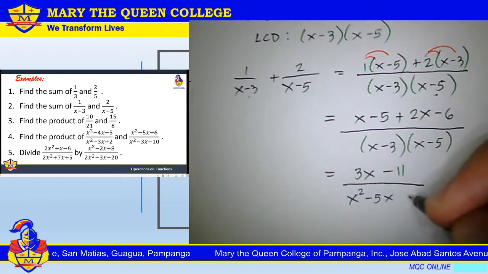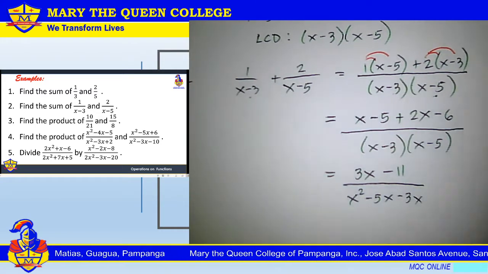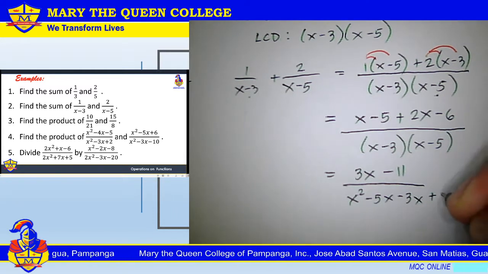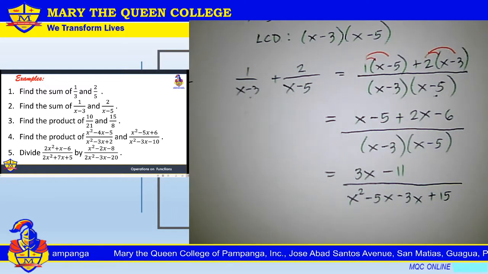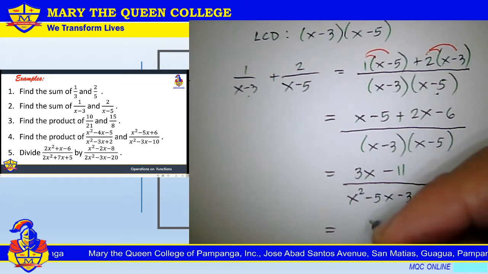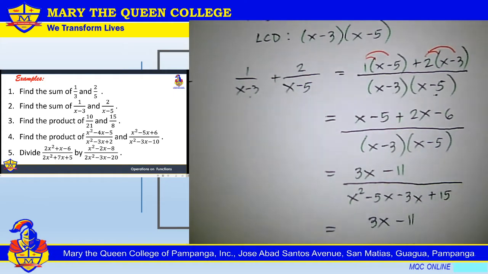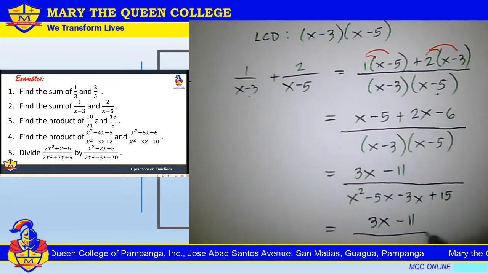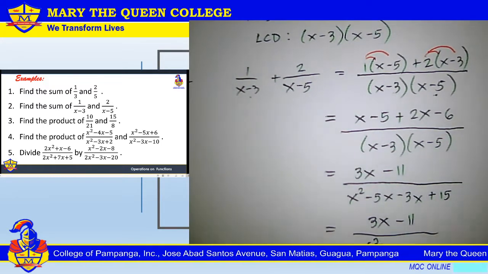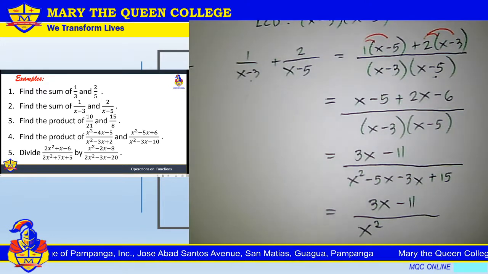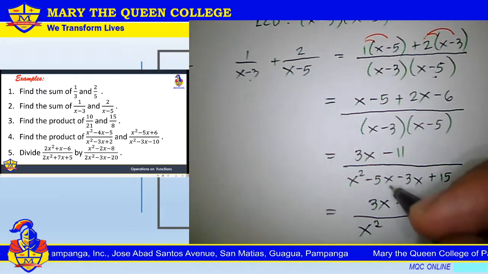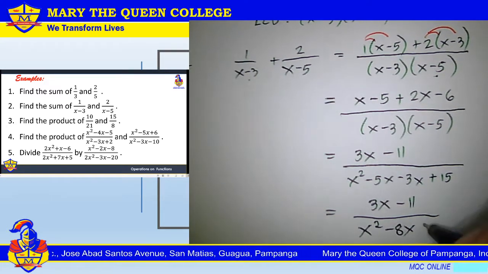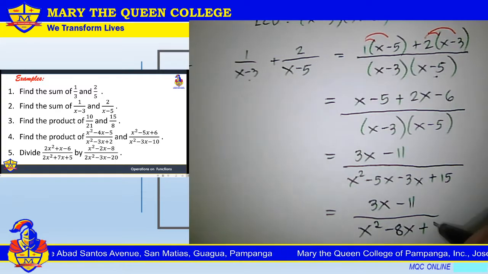Tapos, negative 3 times x, that is negative 3x. Then, negative 3 times negative 5, that is positive 15. Okay? And then, to simplify it further, we have 3x minus 11 all over x squared, then negative 5x minus 3x, minus 8x, plus 15.